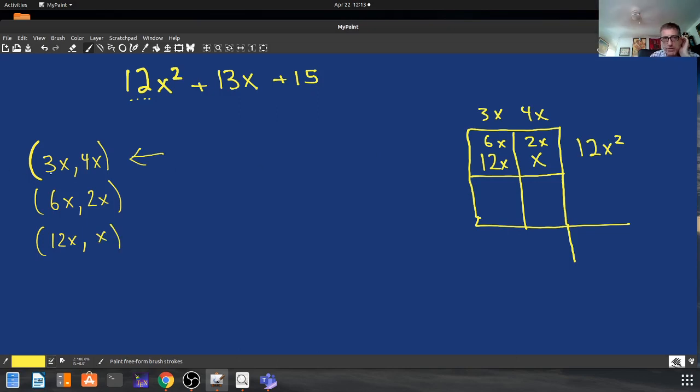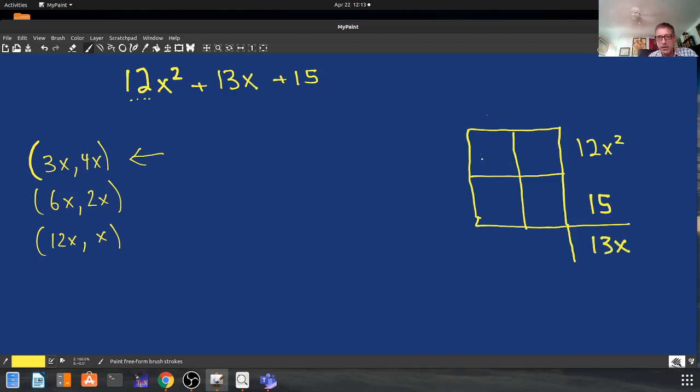So I'm going to choose 3x and 4x. I have no idea if it will work; this is the guess and check aspect of it. There's a guess in the first row, and there will be a guess in the last row. Let's finish filling in my table: 15 goes here, and 13x goes here.